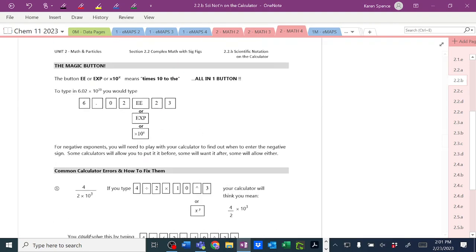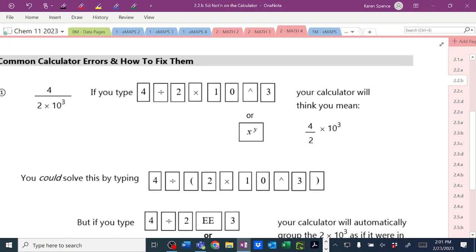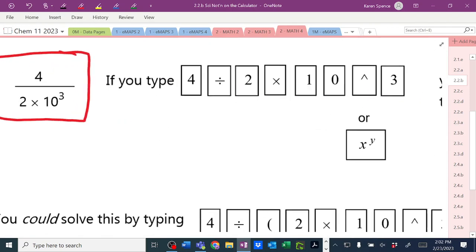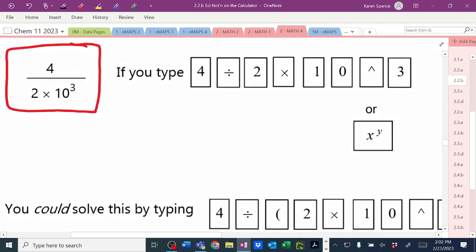All right. Now, on the next page, we're going to look at some common calculator errors and how to fix them. If we have 4 divided by 2 times 10 to the 3, you might be tempted, if you had not heard my big lecture about the caret button, to be typing in 4 divided by 2 times 10 caret 3, or x to the y 3, okay?